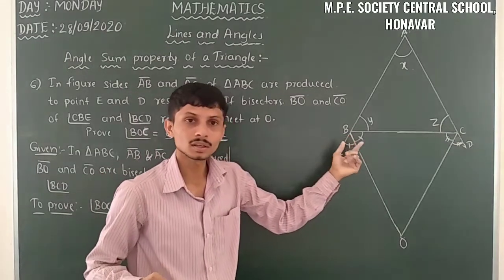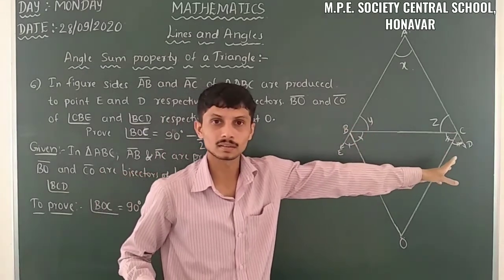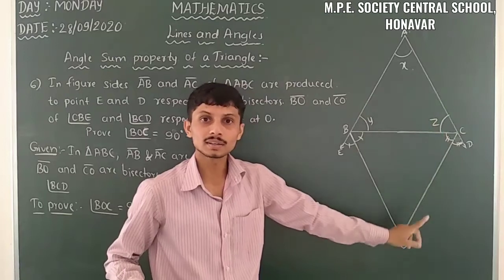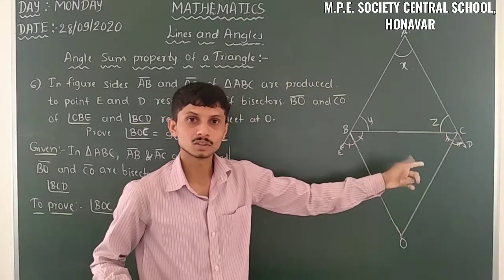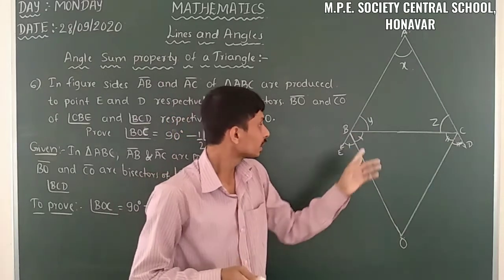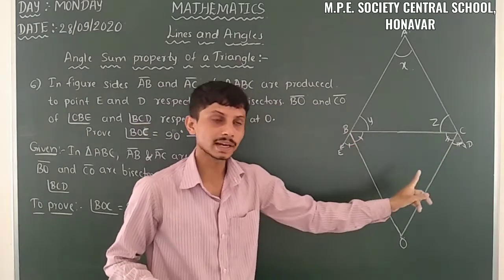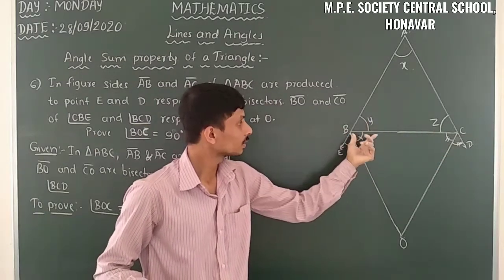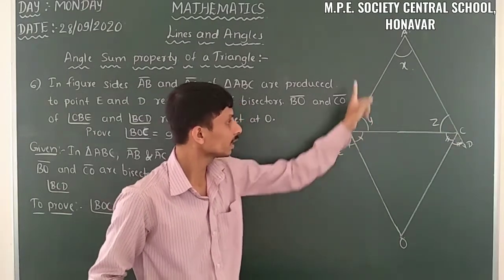Just observe, for both triangles, BC is a common side. So we can utilize this. So here we have to think. That means, just observe BC. BC is a ray that stands on both AE and AD.